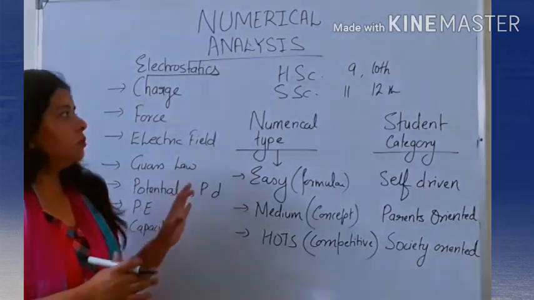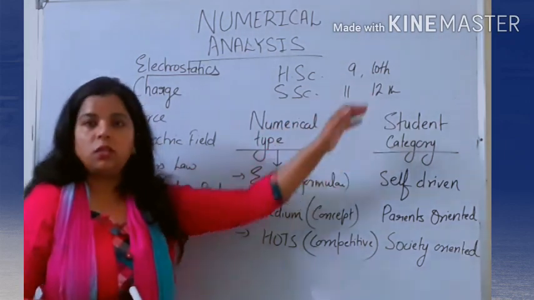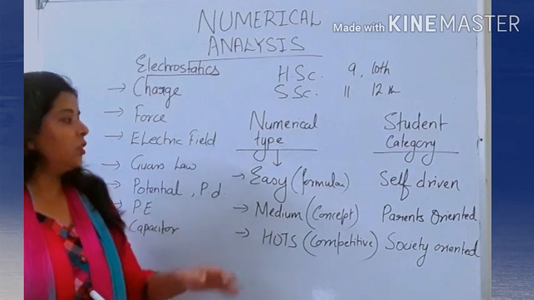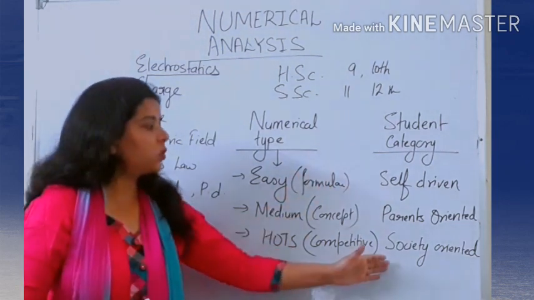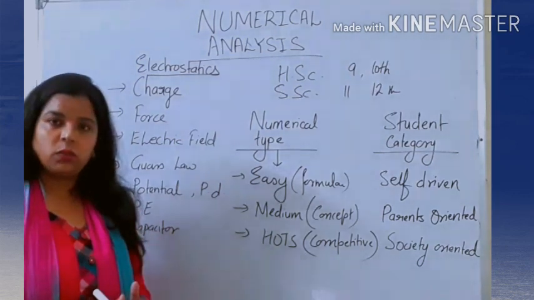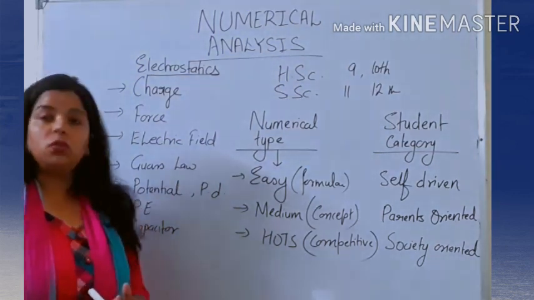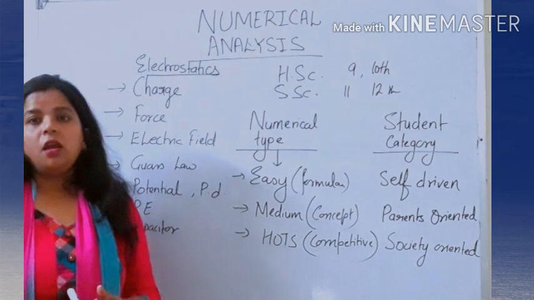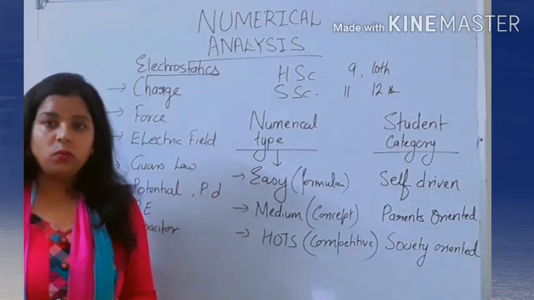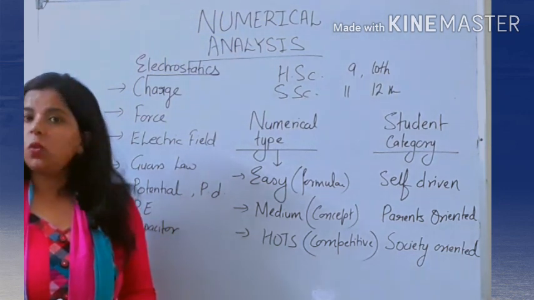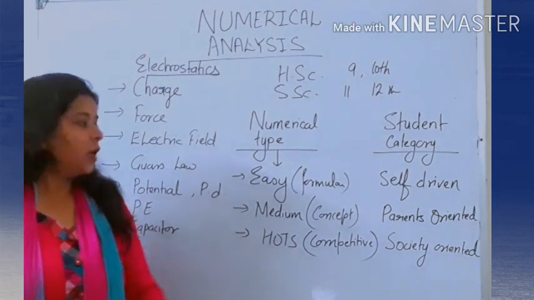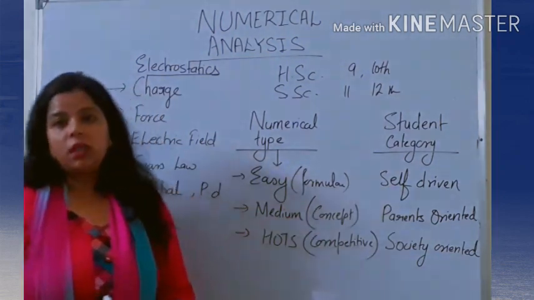Now you are in the middle range. If you are in class 12th, you cannot go back. So first of all, identify yourself, just do introspection. I'm not demoralizing you; hard work has no alternative. If you do hard work, you can do anything. You can raise your level to the self-driven state.